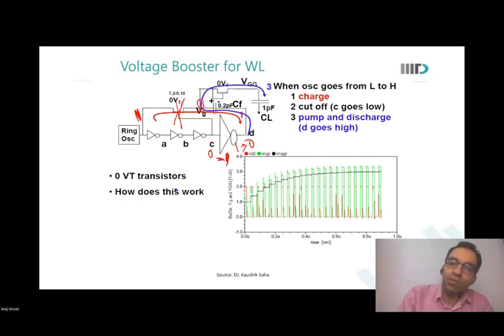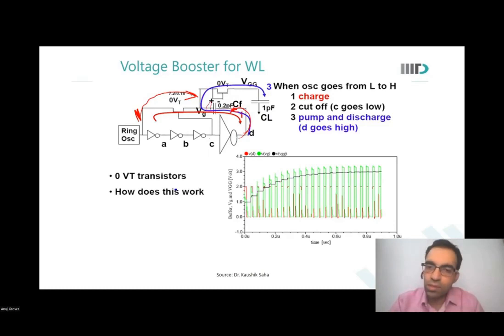So this side of this node holds the earlier voltage only, earlier charge only, and the other side has discharged to 0. What happens? There could be an impact around the diode. Otherwise, you would transfer some charge to this particular capacitor VG, and then you would change the voltage of the other plate so that you have 2 VG available to you. 2 VG will not come instantaneously, it will come over time.